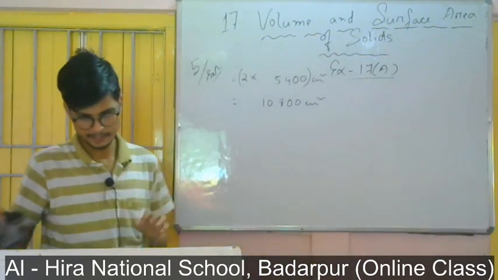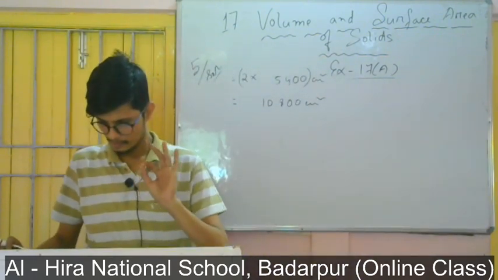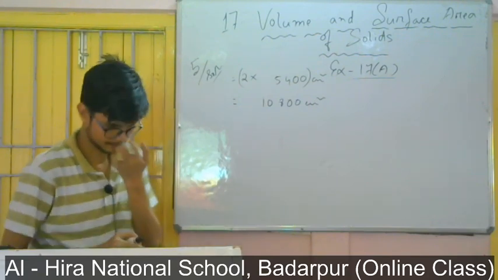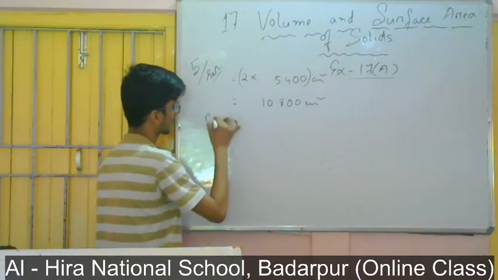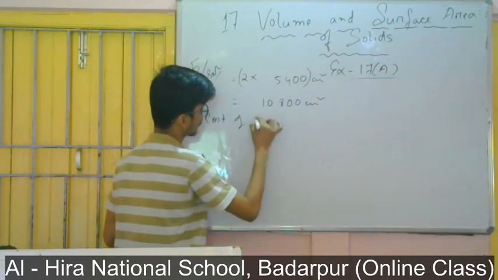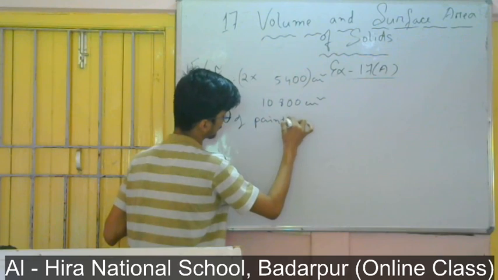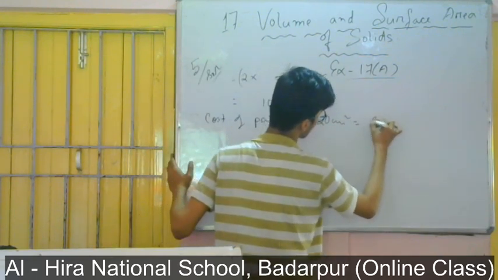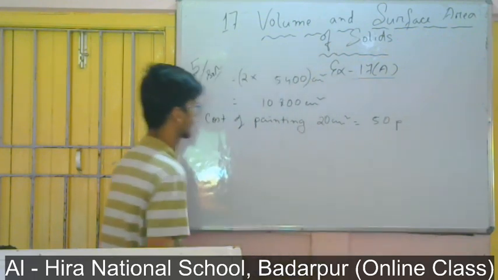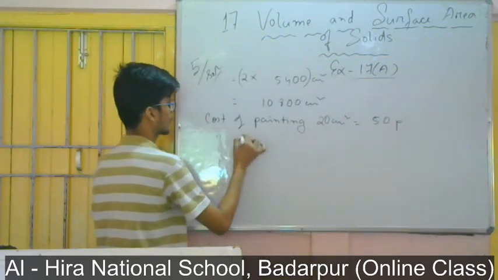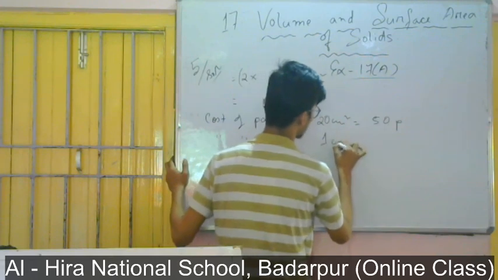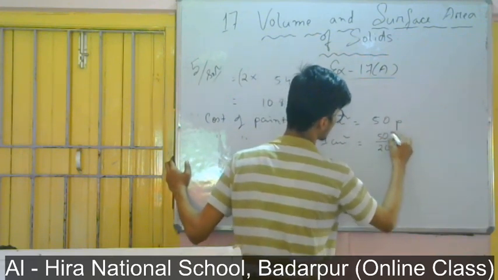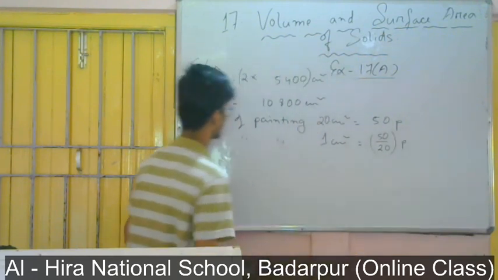So it is given that the cost of painting for this 20 centimeter square is equals to 50 paisa. Since cost of painting 20 centimeter square is equals to 50 paisa, that means therefore cost of painting 1 centimeter square will be equals to 50 by 20 paisa.